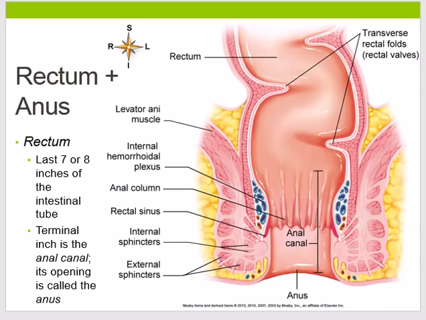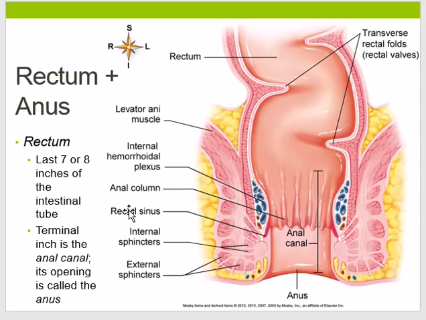Now, the rectum is the final 7 or 8 inches of our intestinal tube, and you can see the presence of these rectal folds here, sometimes called rectal valves. The final terminal inch is called the anal canal, and this leads to the final opening called the anus, where feces is evacuated. There are 2 types of sphincters for you to be aware of: the internal and the external sphincters.